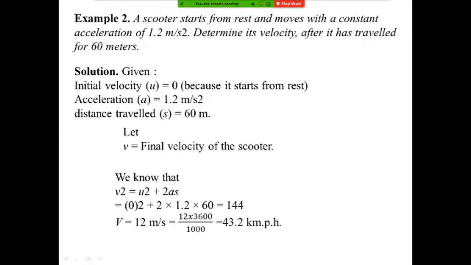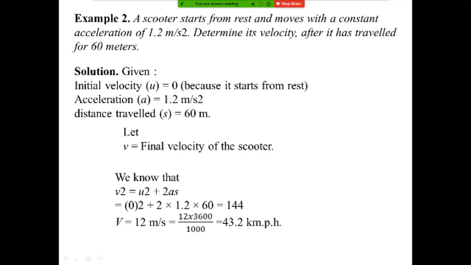Let v be the final velocity of the scooter. We have to determine the final velocity v only, so for that v squared minus u squared equals 2as.